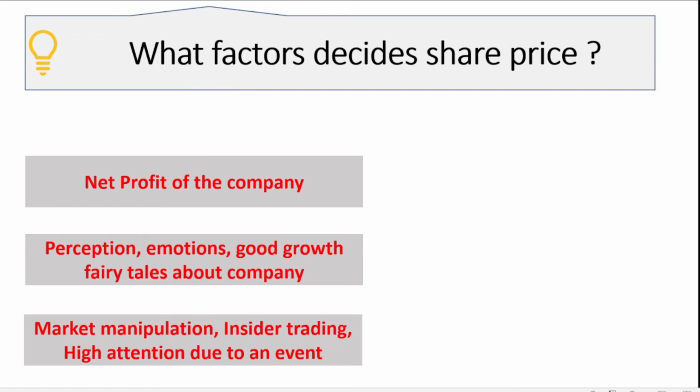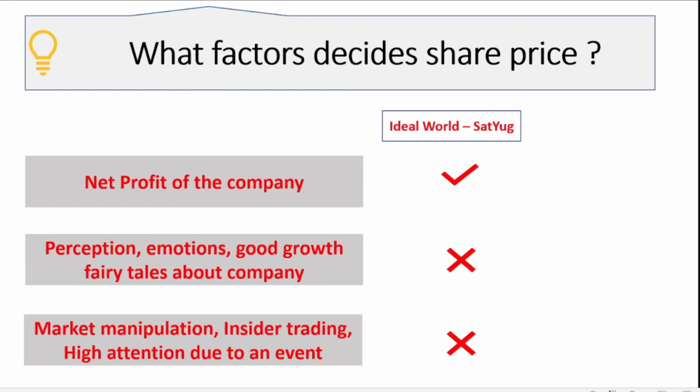Now, if it was an ideal world, I would have said net profit is the only answer and the other two should not have impacted the share prices. But since we are living in a real world, all these factors determine the share price. And that's how you see that a stock can have a PE ratio of 20 or even 100 or even more than that. Now, let me help you understand this through an example as well.